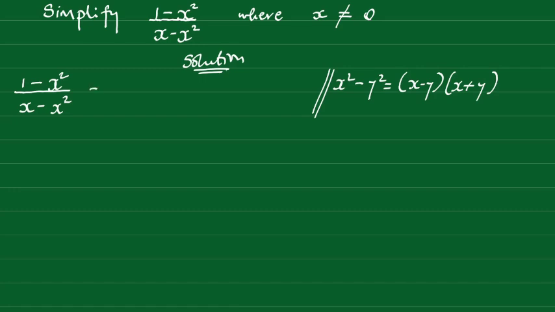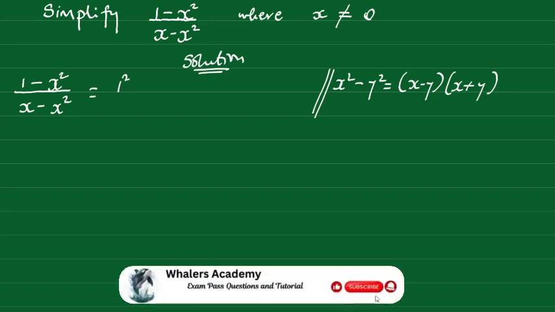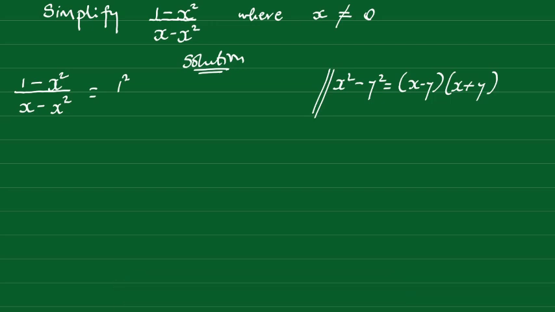Therefore our expression becomes 1 squared, because if we decide to square one, we've not committed any mathematical blunder. So we have 1 squared minus x squared, divided by, we factorize out x, so we have x outside, and bracket (1 minus x).